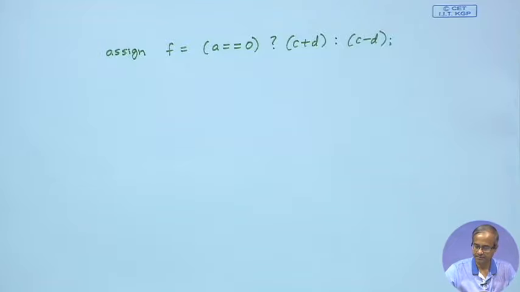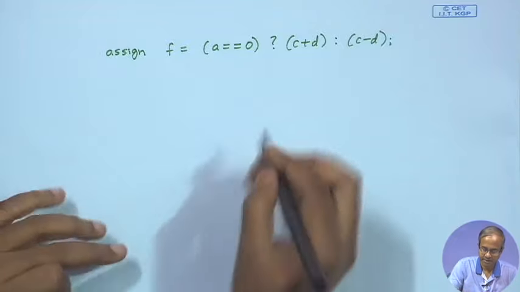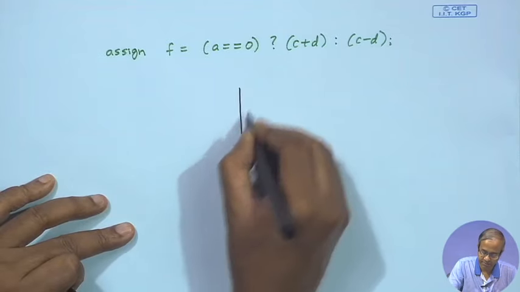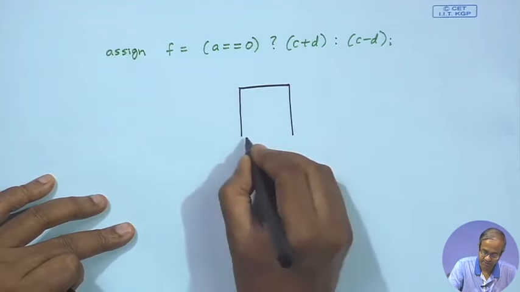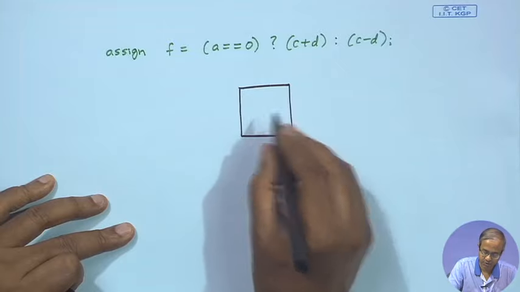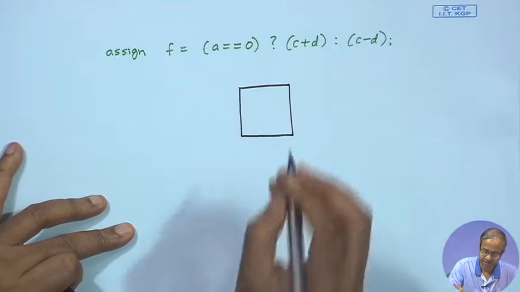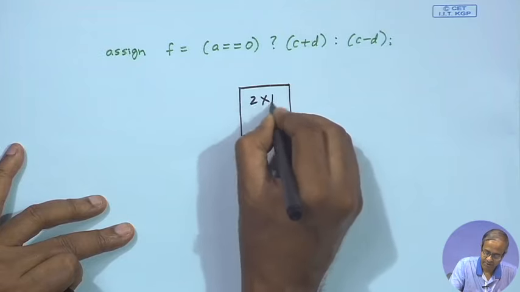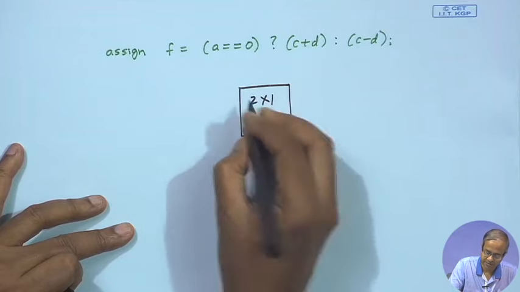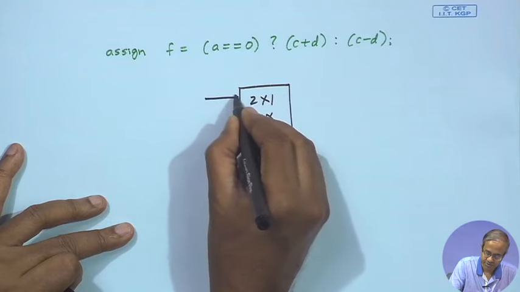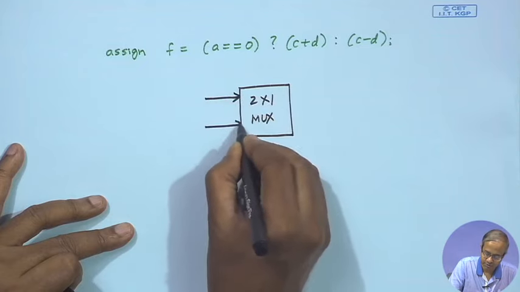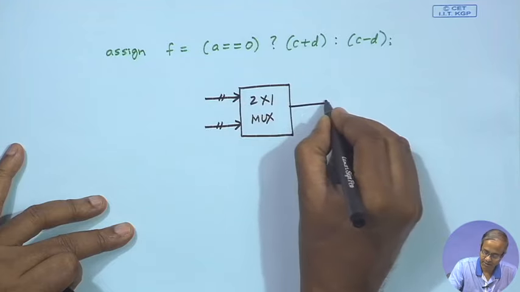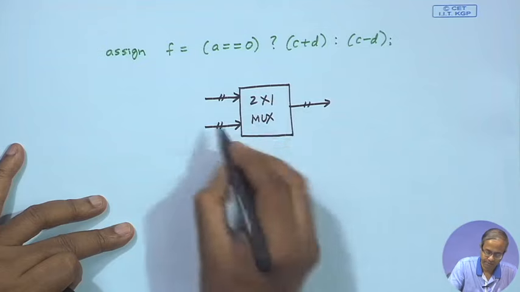Now, let us see what will happen here. There will be a multiplexer. I am just showing one multiplexer, but actually it will not be one, but several multiplexers. I am using the array or vector notation for 2 to 1 multiplexers. It will have 2 inputs, which are not single lines but multiple lines, and similarly an output that is also multiple lines.